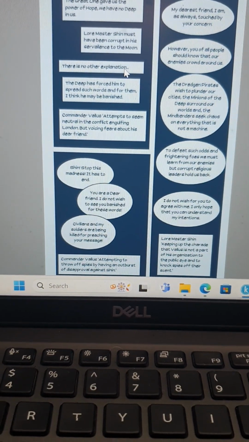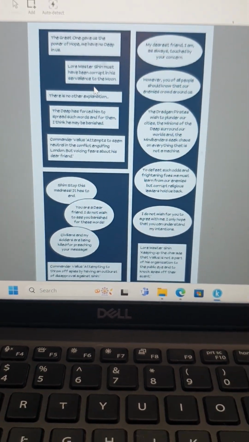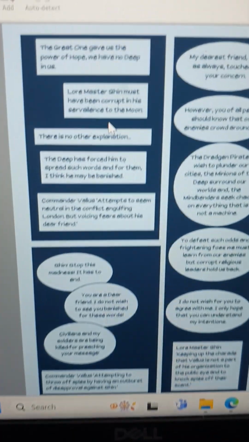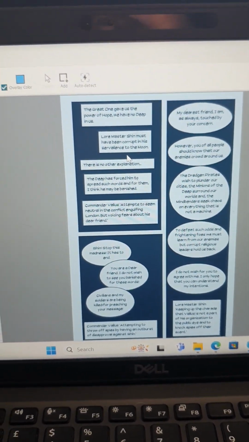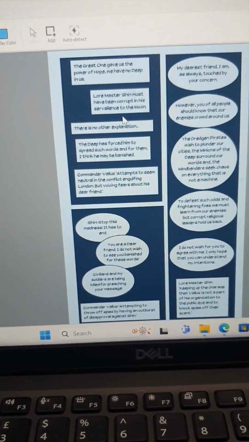Well, obviously, you've got these square boxes, which are there to sort of show you what the character is thinking, rather than anything like a monologue.